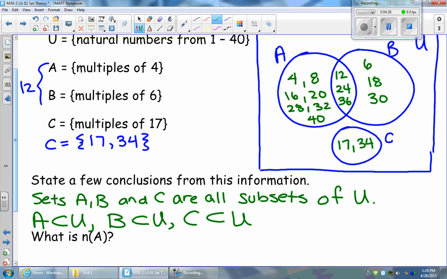Some other conclusions that we could make are that in set A and set B, because there's an overlap and some elements exist in both sets, we would say that these are not disjoint. So set A and set B are not disjoint because they have some common elements.